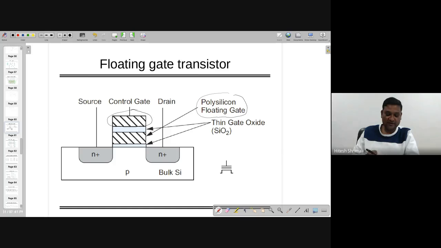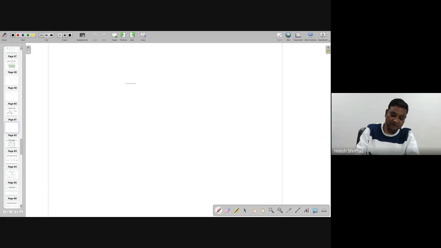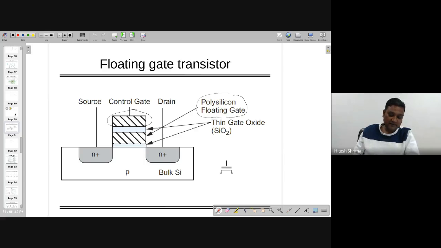There are many other variants available for this, depending on the technology. Like this one is from Tower Z, where some extra side wall gates are available. Here there are floating gates in between.